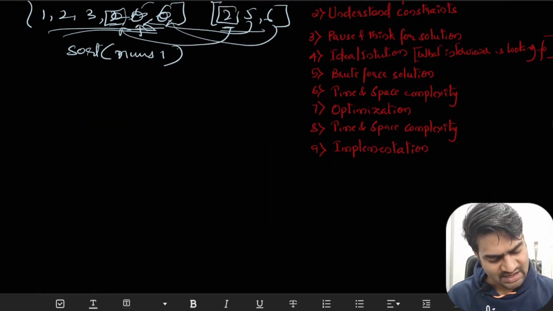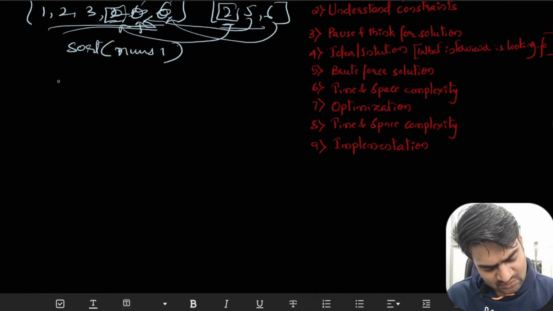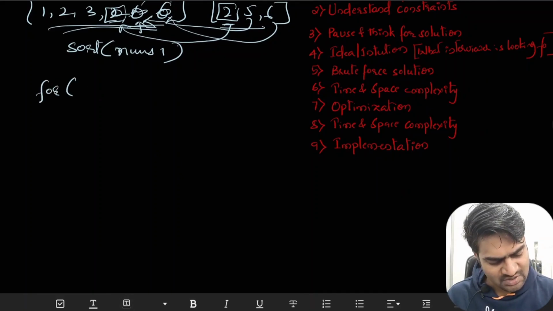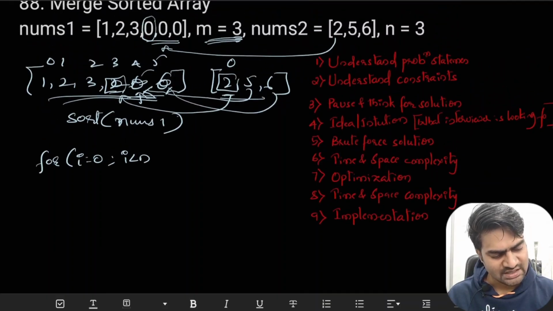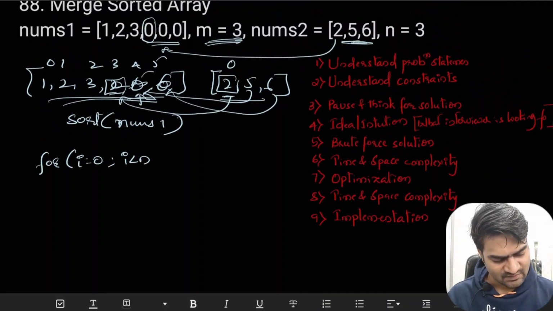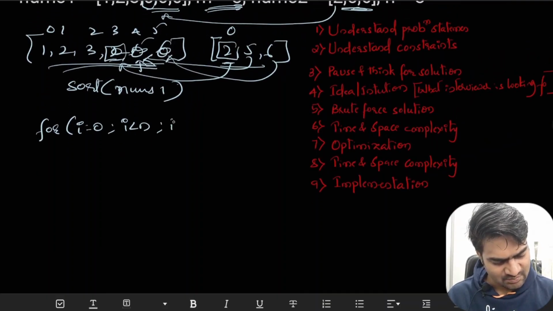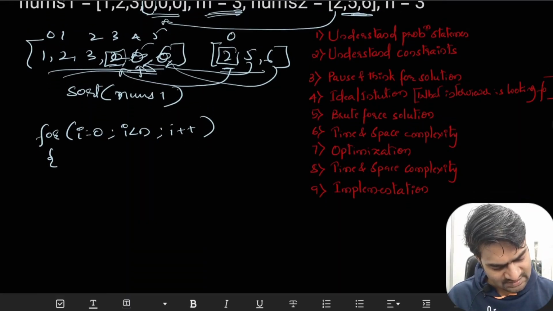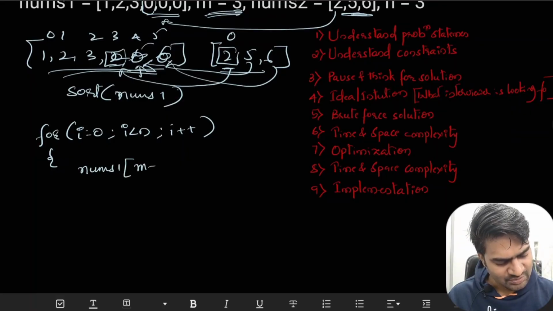Okay, let's quickly write the pseudocode for that. So now I will start from i equal to 0, i less than n, because I need to iterate over all these values, then i plus plus. Then I will say nums1 of m plus i equal to nums2 of i.